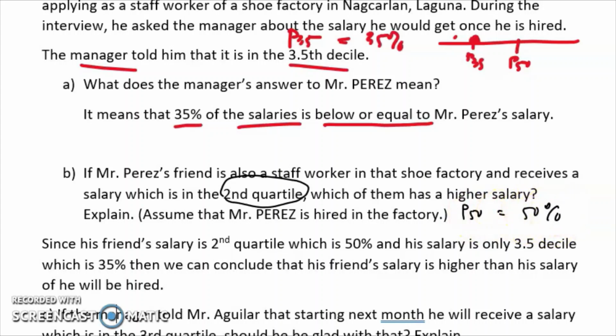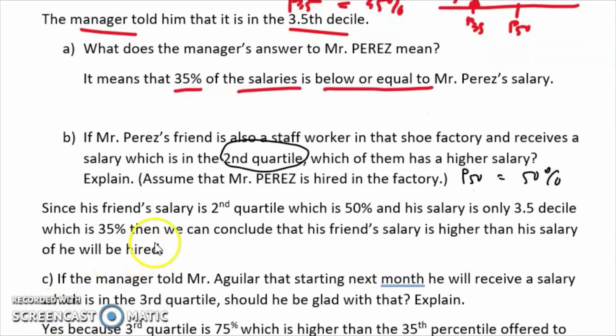Okay? O, anong ibig sabihin nun? Since his friend's salary is second quartile, which is 50%, ibig sabihin, kung nasa 50% siya, 50% is lesser or equal sa kanya. And his salary is only 3.5 decile, which is 35%.